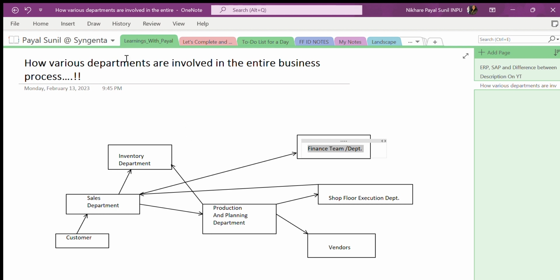Similarly, the production and planning department will also update the finance team about the payments they need to make to vendors.